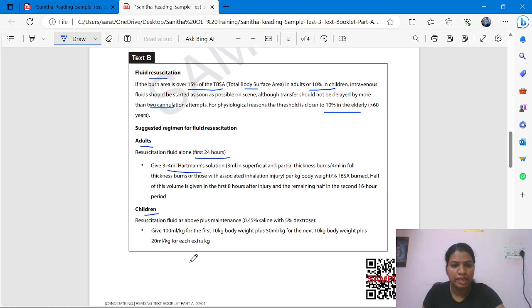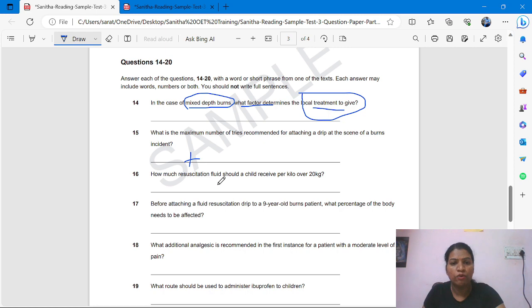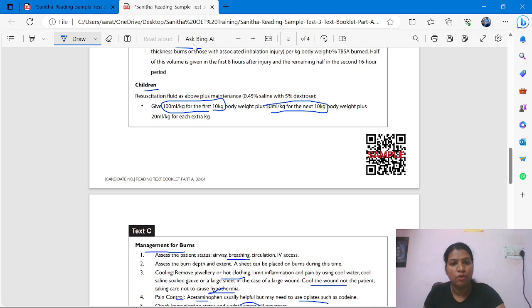Here it is saying give 100 ml per kg for the first 10 kg, plus 50 ml per kg for the next 10 kg, that means 20 kg, plus 20 ml per kg for each extra 10 kg. What is the question they are asking? How much resuscitation fluid should a child receive per kilo over 20 kg?